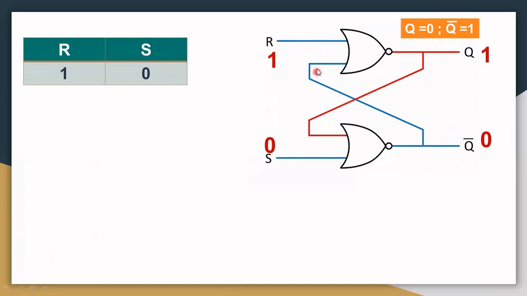So 0 from here, 0 and 1, 1 here, and we are giving it to a NOR gate, so complement, 0. So Q changes to 0. Therefore 0 here and 0 from here, 0 for NOR gate, it changes to 1. Therefore the final output of Q dash is equal to 1.